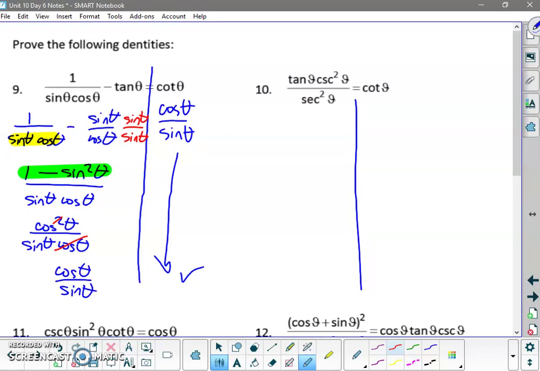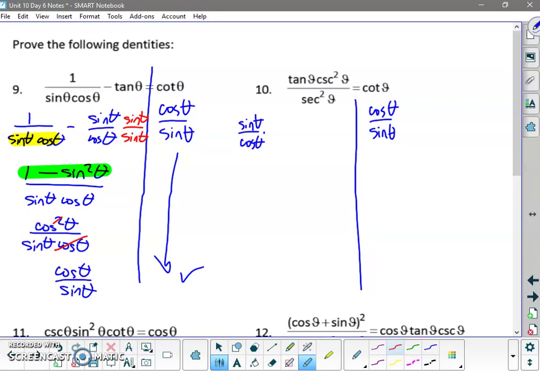All right, so again, I've got cotangent theta on the right side. We just did this. We know that's cosine theta over sine theta. So now the question is, how do I get that expression to equal cosine theta over sine theta? Well, there's no addition or subtraction involved, so that should make it a little bit easier, but it looks like it might be copy, change, flip. I'm going to rewrite tangent theta as sine theta over cosine theta.